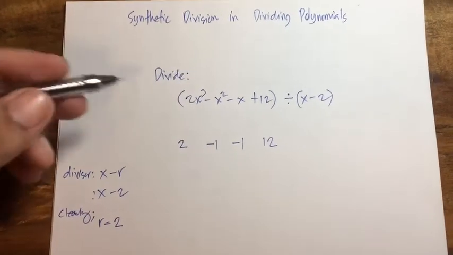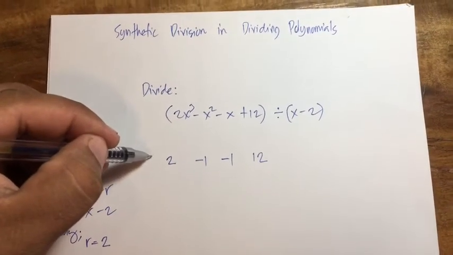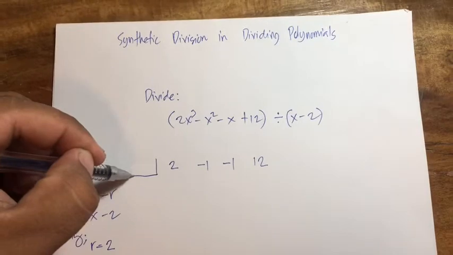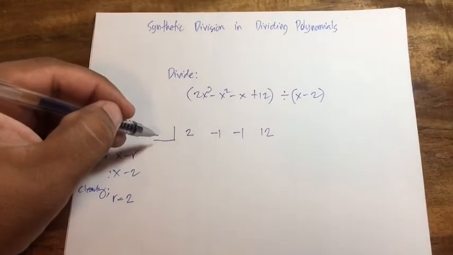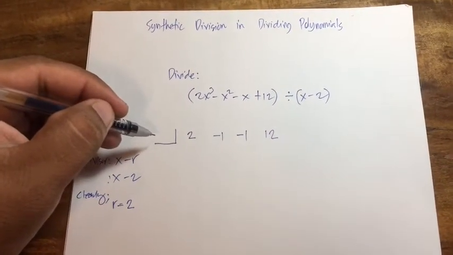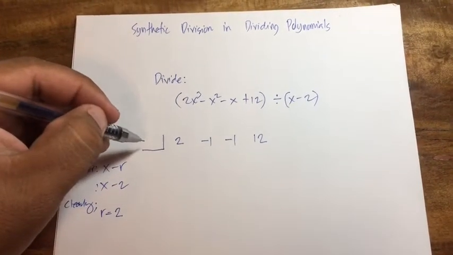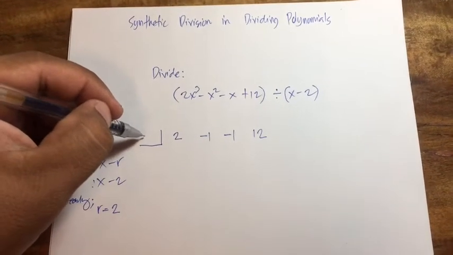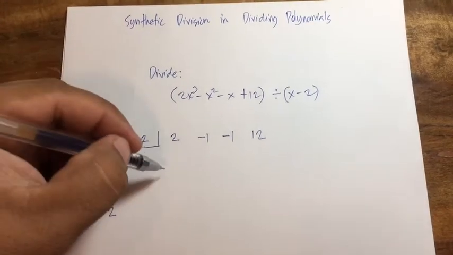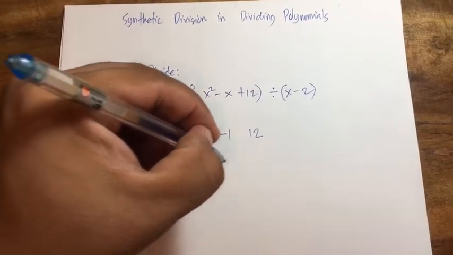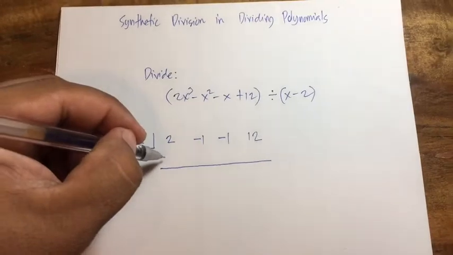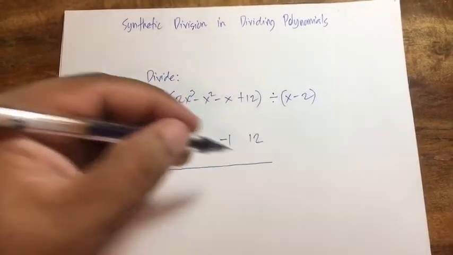Okay? So we will draw more or less an inverted bus stop. So we will put our value of r, which is 2. Then we will draw this line. This is our second row, then third row.